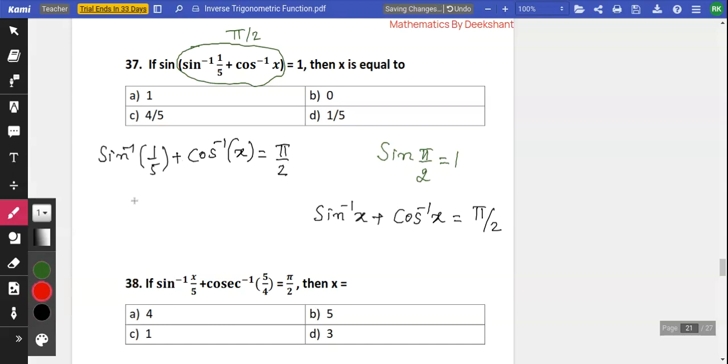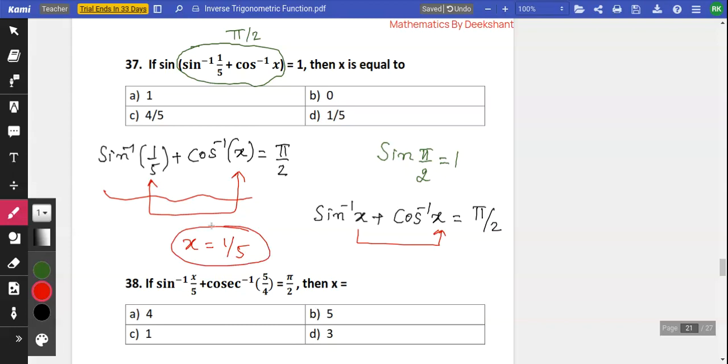After comparing this term with the formula, these two terms are equal. By comparing cos inverse x and sine inverse x, the value of x is equal to 1 upon 5. Therefore the correct answer is option D.